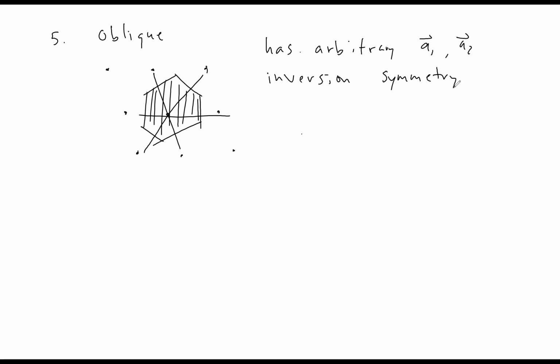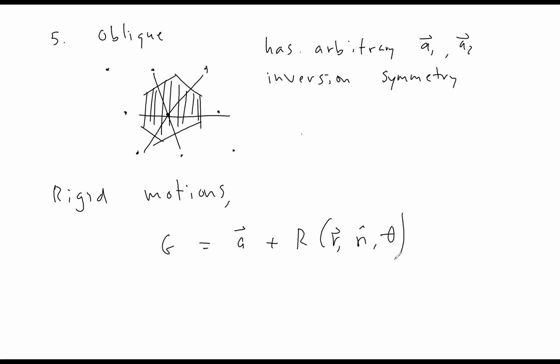Okay, let's just talk about a few more items of terminology having to do with symmetry. When we think about rigid motions, mathematically we can describe any rigid motion as the sum of a displacement and a rotation by some angle theta around some direction n with center r.